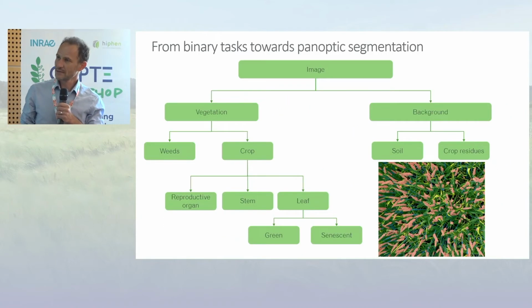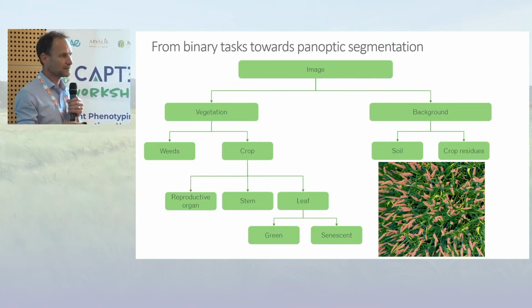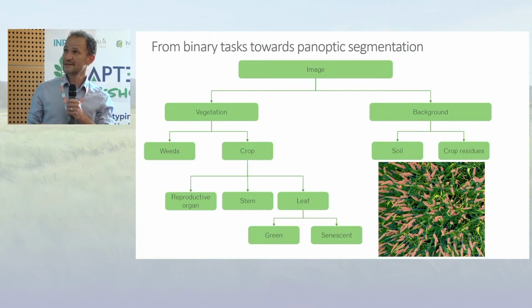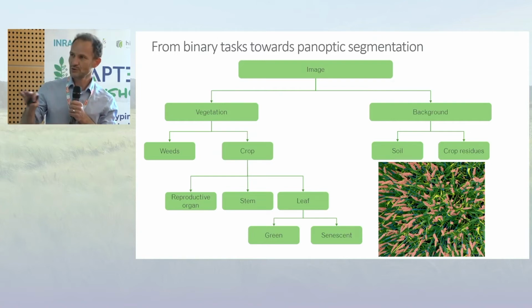In fact, here I presented a binary classification, with only two classes, but we can apply this kind of segmentation to more complex analysis of our RGB images. From one image, we can first identify what is vegetation and what is background. That's what I've presented. But then from vegetation, we can try to separate weeds on one hand and the crop.